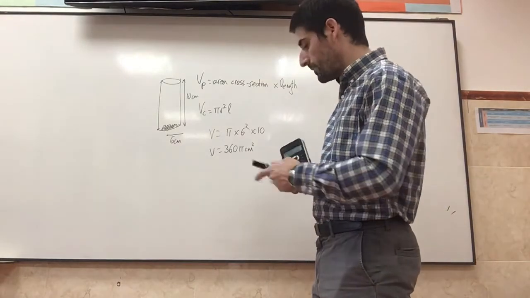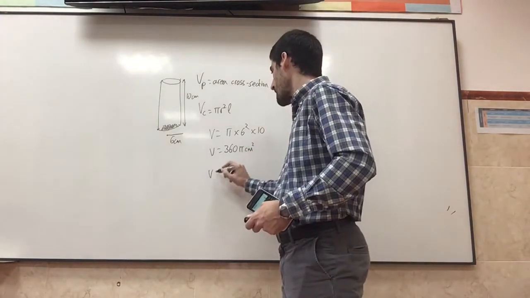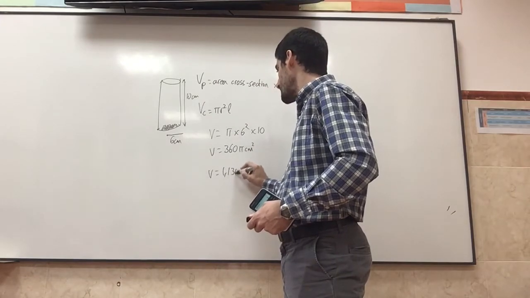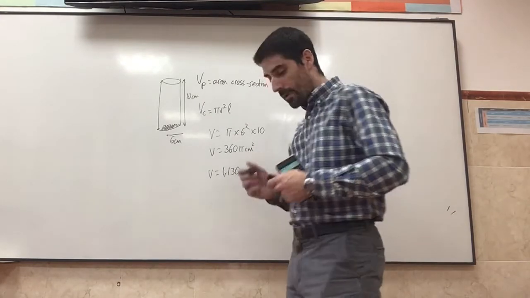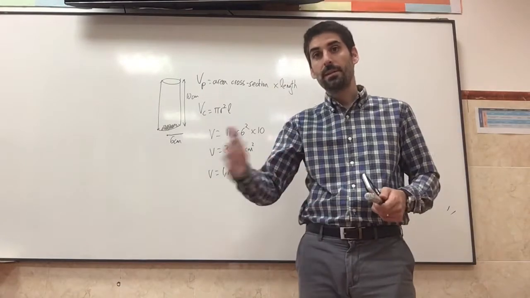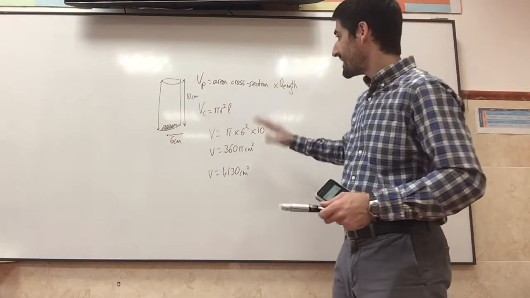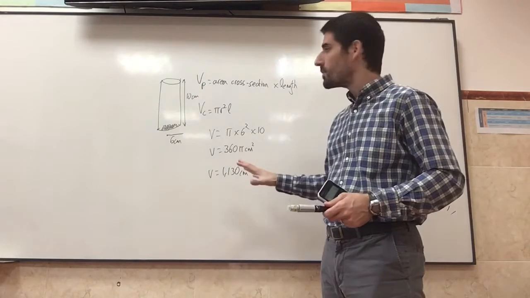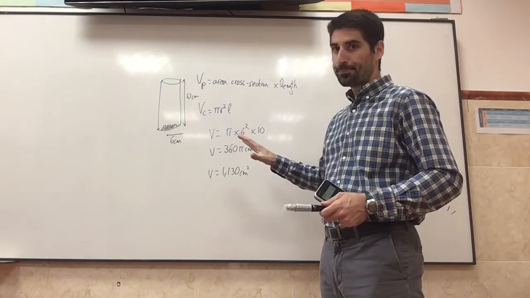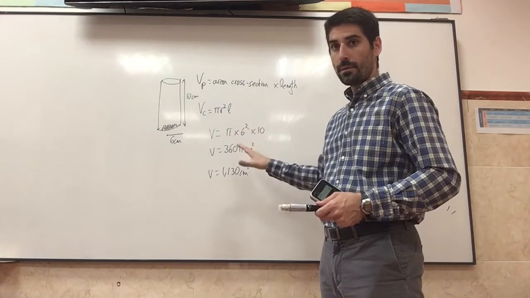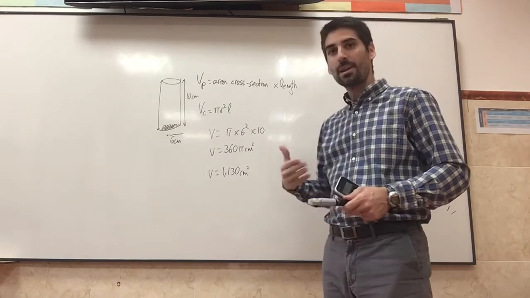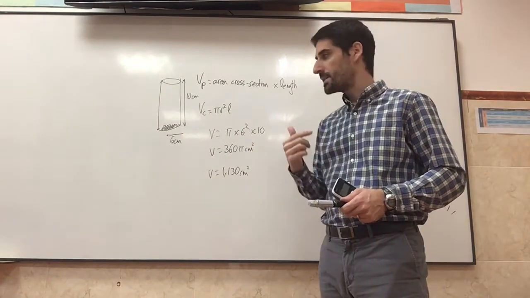So the volume is 1130 centimeters square. Remember, do not confuse significant figures with decimals. They're not the same thing. Hopefully that's clear enough. That's how you find the volume of a cylinder. Let's now move on to the surface area.